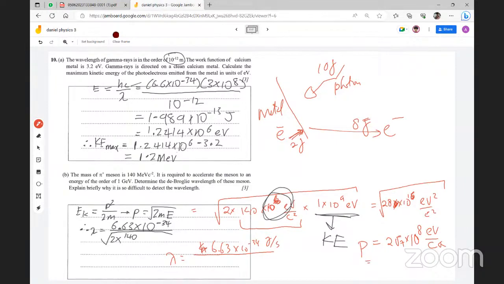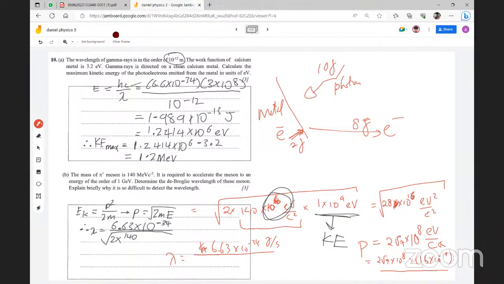To change eV to joule, correct me if I'm wrong, I'm dealing with the eV right now, times 1.6 times 10 to the minus 19. That's me changing eV to joule, right? 1 eV is 1.6 times 10 to the power of minus 19 joules. So that's me doing it.